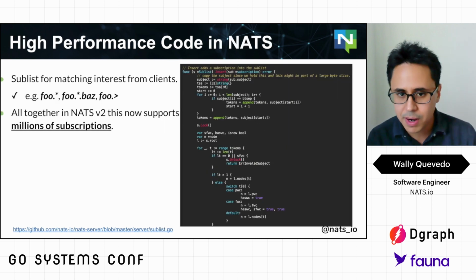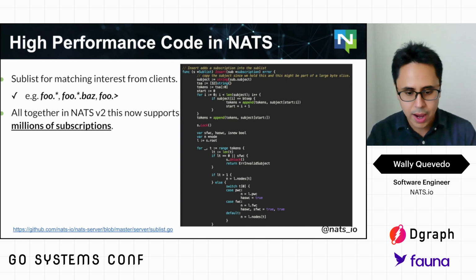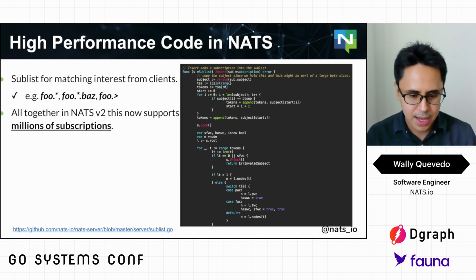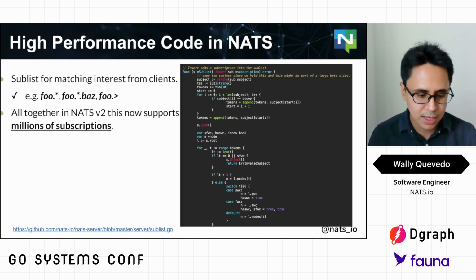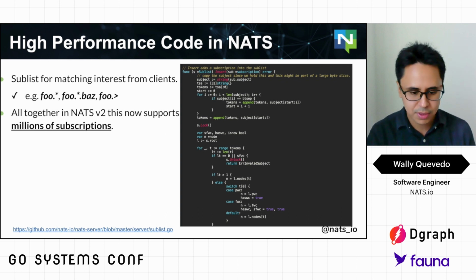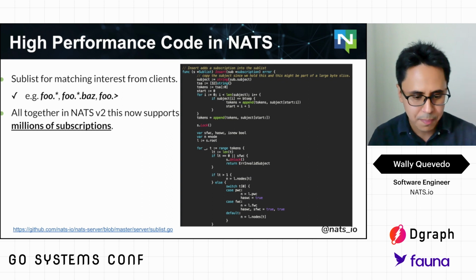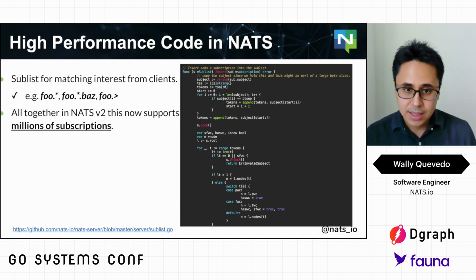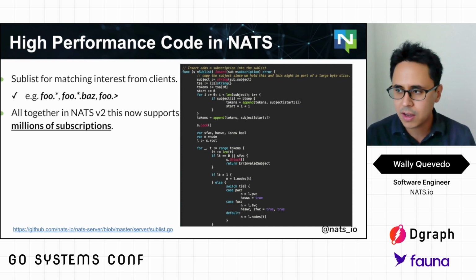And another interesting part of the code is the sublist trie structure, a routing structure that is useful to match the different interests depending on the wildcards, on the greater than, which is a special type of wildcard that also matches everything under that tree. On versions like NATS v1 implementations, you could get some issues once you had hundreds of thousands of subscriptions.